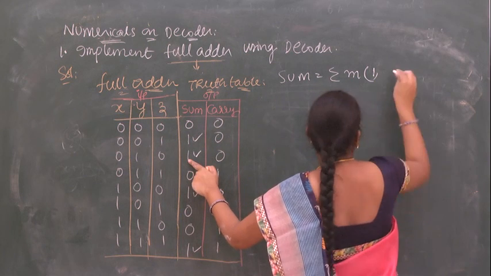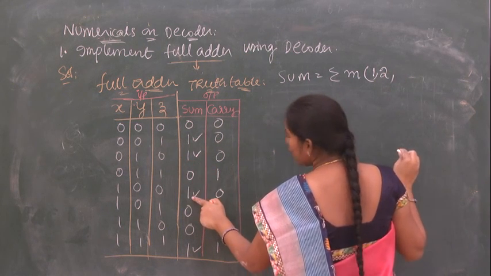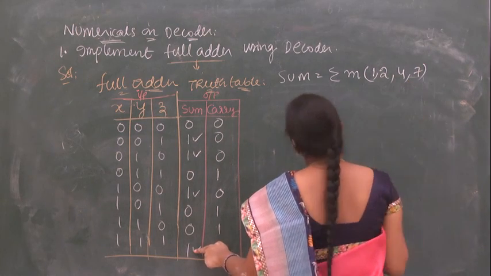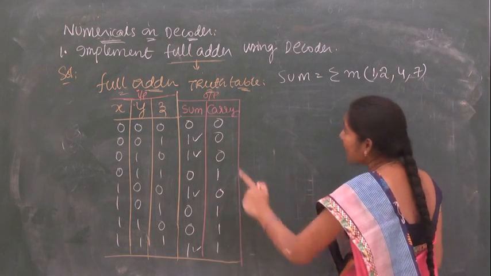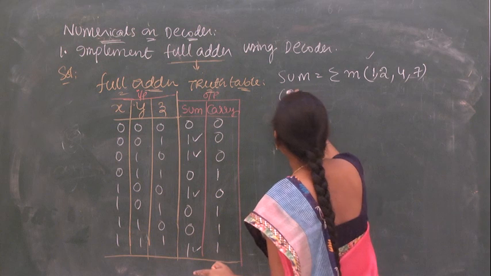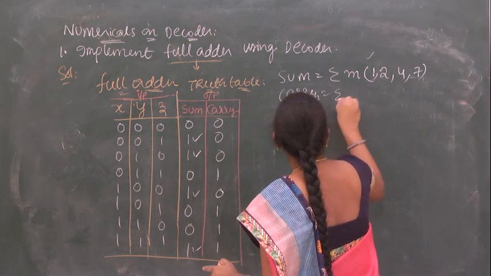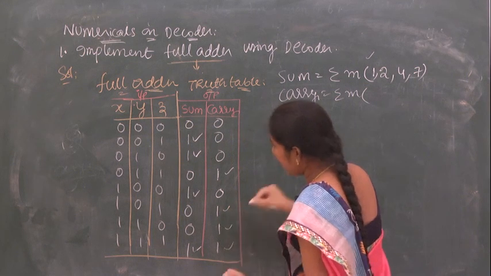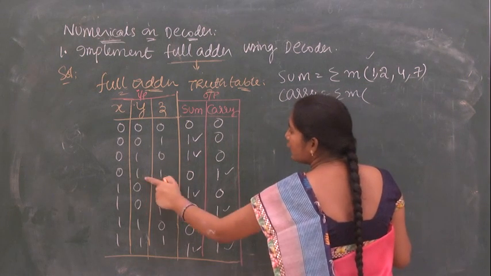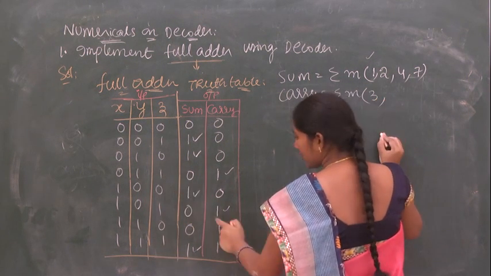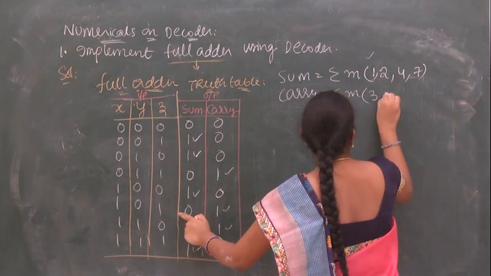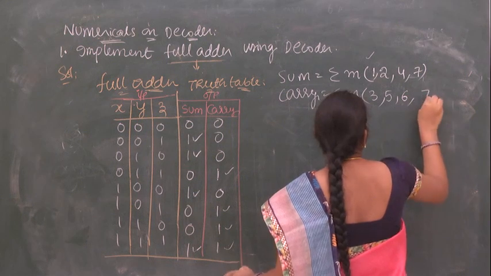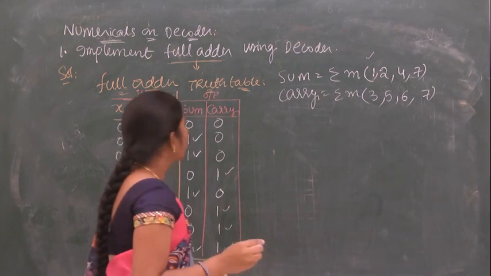Next, 010 means 2, 100 is 4, 111 is 7. This is the sum minterm representation. Similarly, carry is high for only these combinations: 011 means 3, 101 is 5, 110 is 6, 111 is 7. Right?